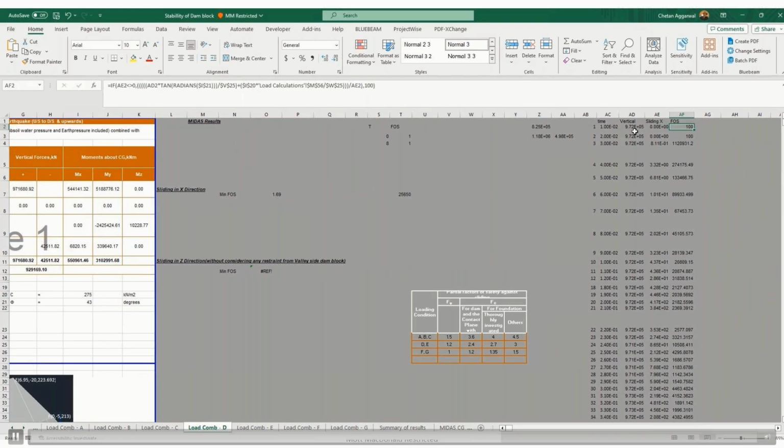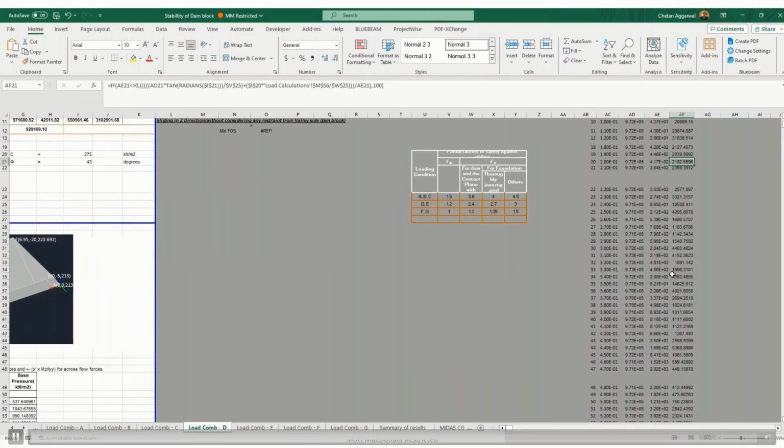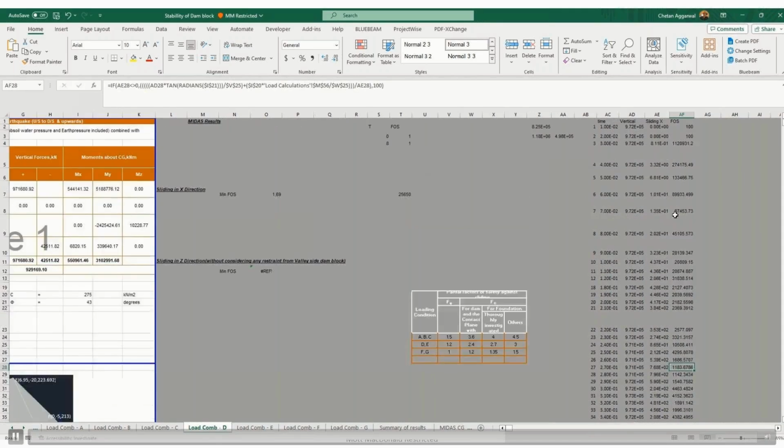If the sliding force is not equal to 0 only, then it will compute this factor of safety. Otherwise it will keep 100. Otherwise it would have shown divide by 0. So that I have some figures for factors of safety. So for each time cycle it is computed.